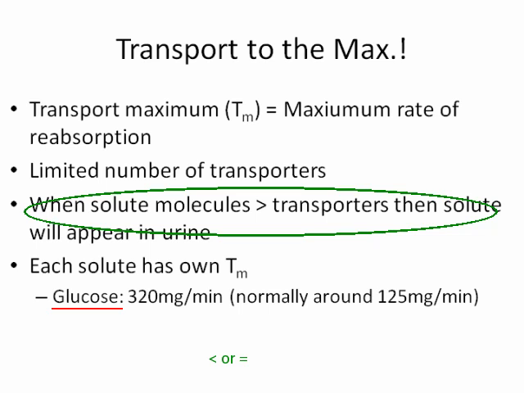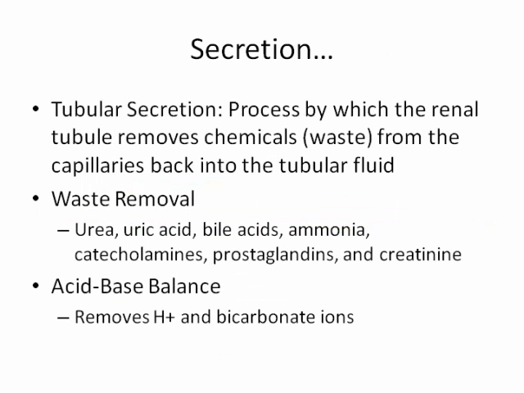We function normally at around 125 milligrams per minute. So that gives you a buffer of almost 200 milligrams per minute for glucose. In diabetics, they exceed that 320 milligrams per minute. They exceed that buffer of 195 milligrams of glucose within the filtrate. They go beyond it. And therefore, the glucose ends up in the urine, and that's one of the key indicators that somebody is diabetic.